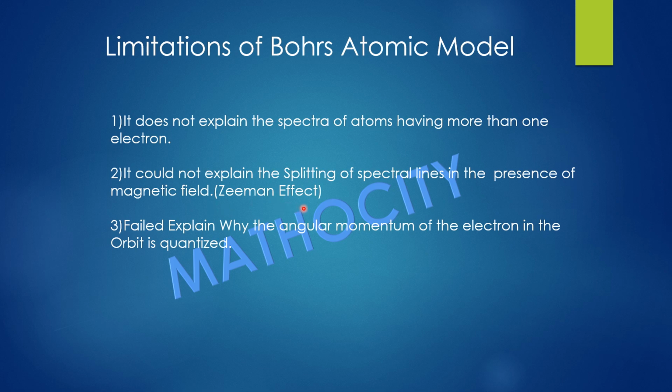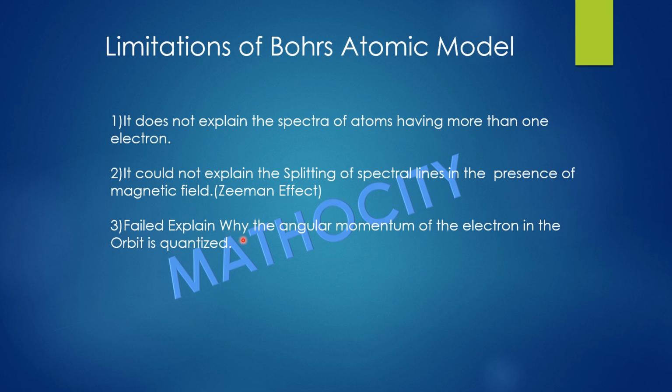This effect is known as the Zeeman effect. Another effect is also there, which you will learn in your higher classes: splitting of spectral lines in the presence of an electric field is known as the Stark effect, whereas in the presence of a magnetic field it is known as the Zeeman effect. He failed to explain the Zeeman effect and Stark effect, which you will learn in your higher classes.